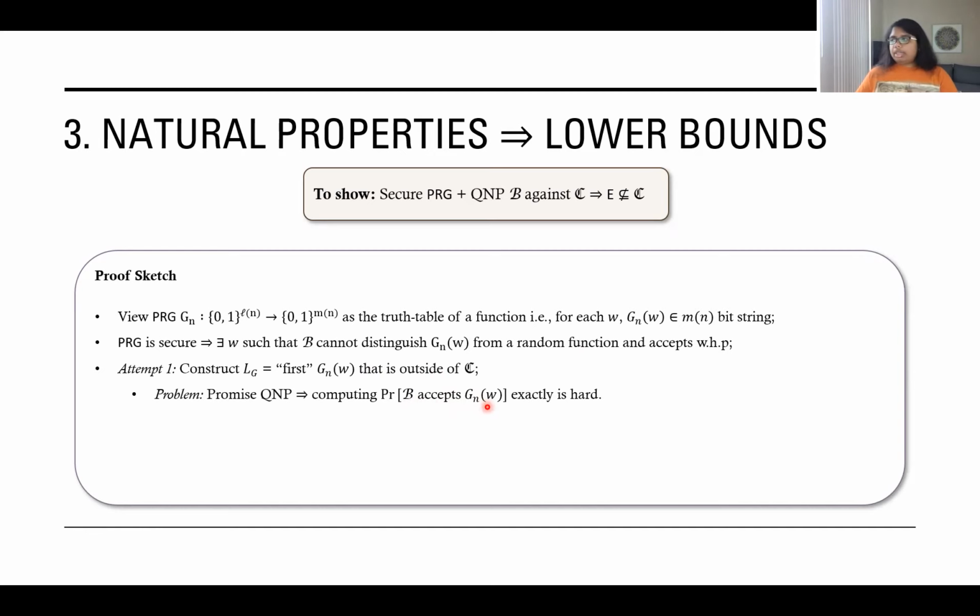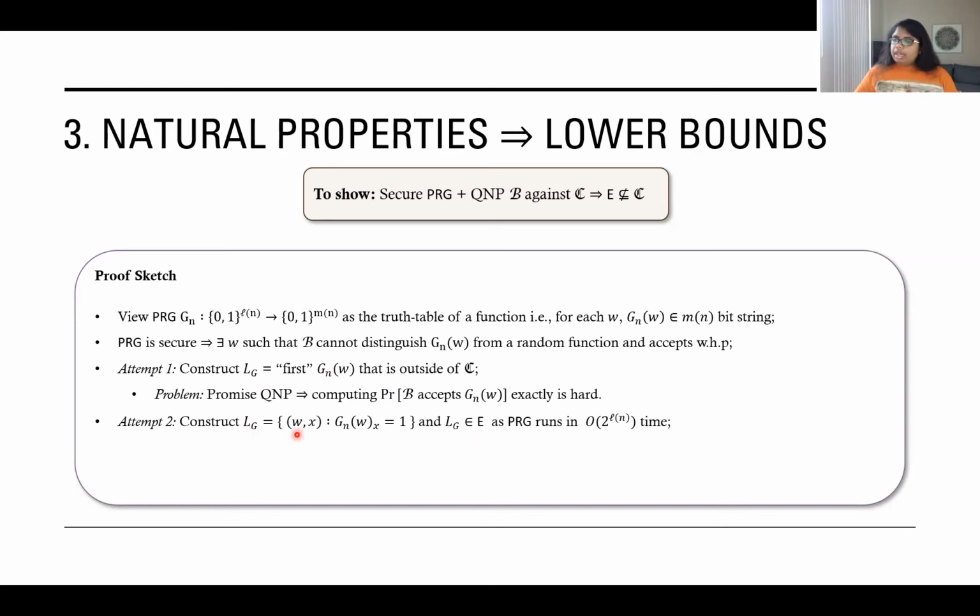And I can't do it in exponential time. I need to do it with high precision, and I don't have enough time to do that. So you run into a problem here. So you need to overcome this. So what you can do instead is say, I'm not just going to take the first gn of w, but let me change my input slightly.